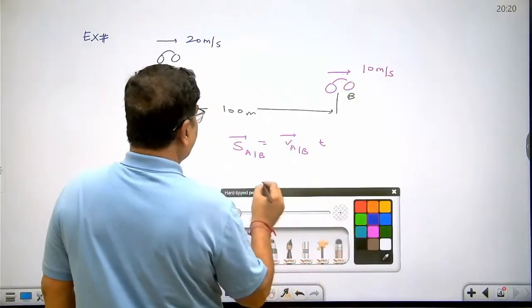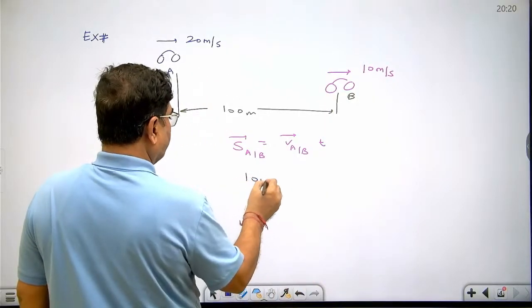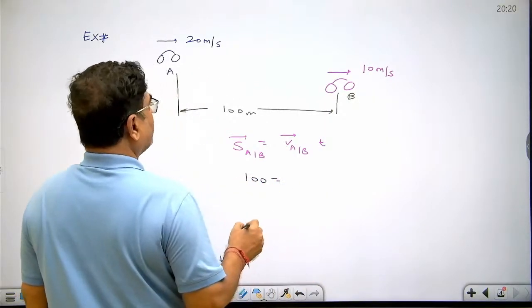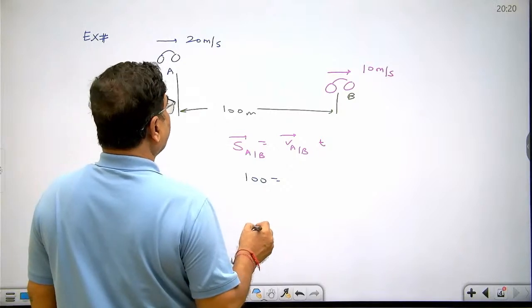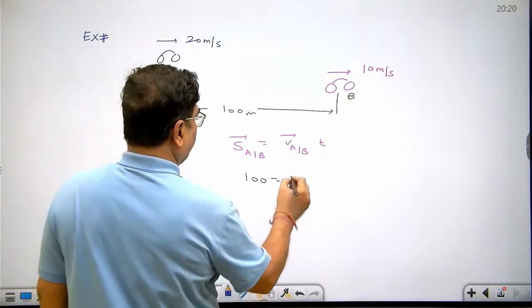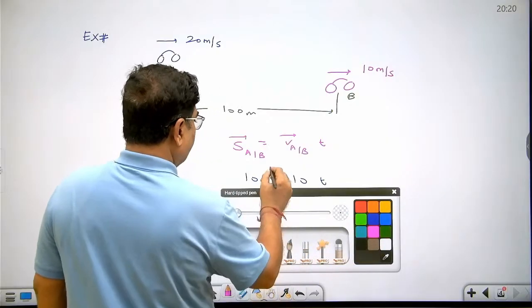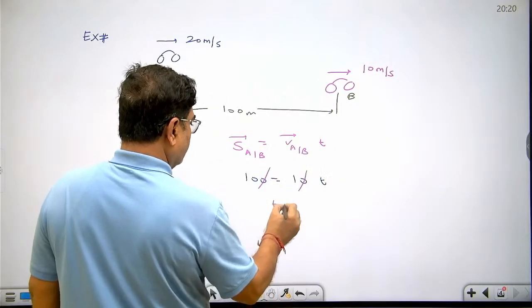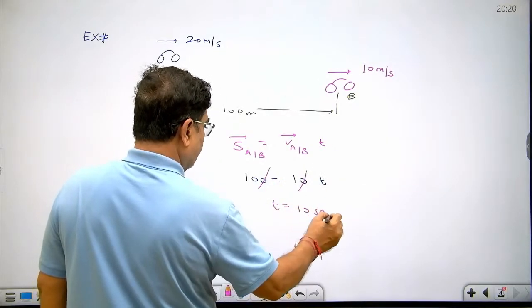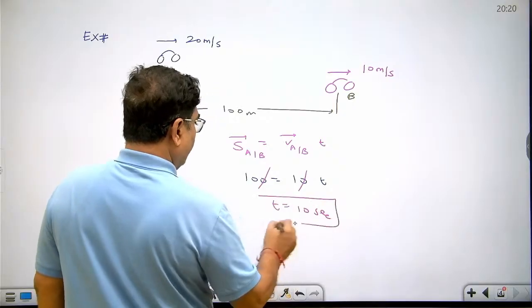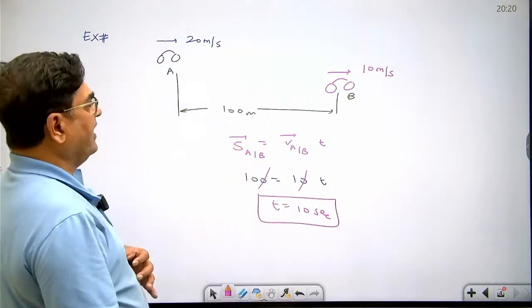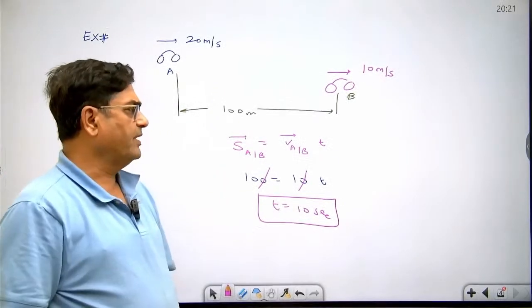So relative displacement of A with respect to B is 100 meter. Since both the cars are moving in the same direction, the magnitude of relative velocity is 20 minus 10, this is 10, and this is the time. Let us cancel the 0s, 10 seconds is the time. In a time interval of 10 seconds, car A will overtake car B, okay.